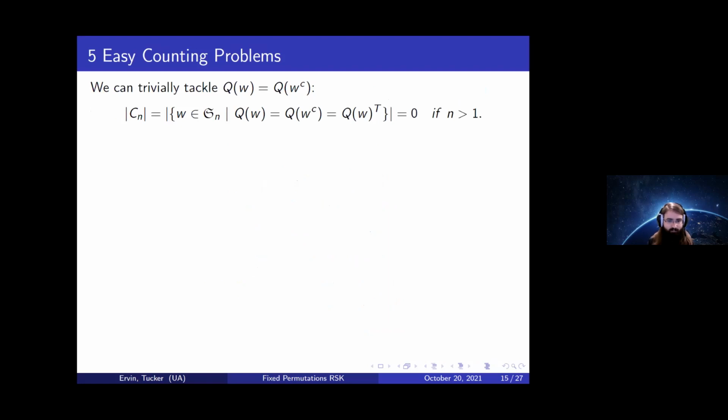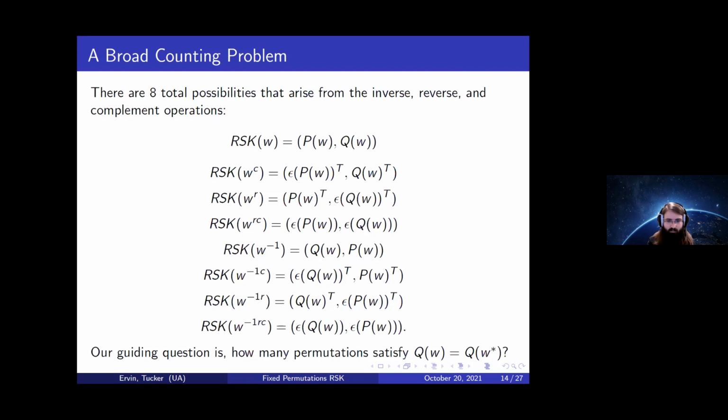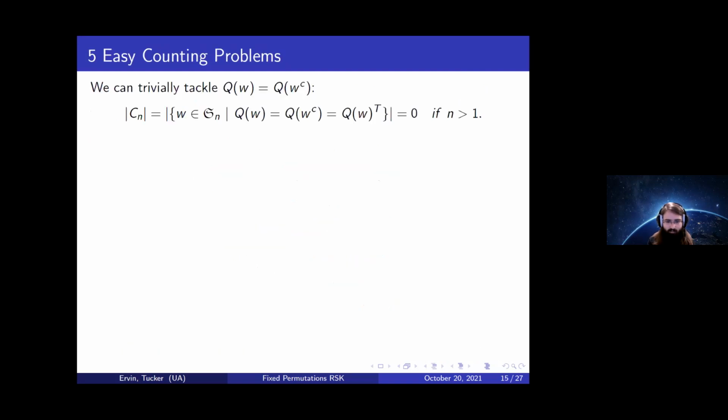So we can trivially tackle the recording tableau of w equals the recording tableau of w complement, because from our relation, we know that the recording tableau has to equal the recording tableau transposed. And that's never going to work if n is greater than 1, because your element in this corner and your element in this corner are going to be swapped.